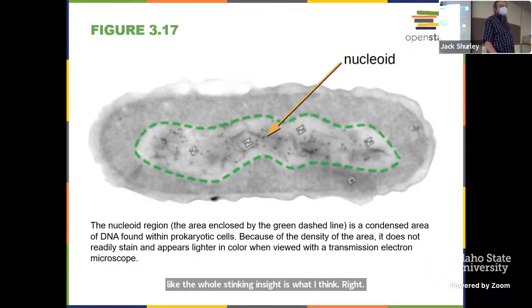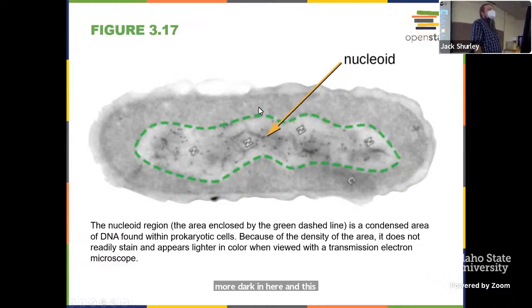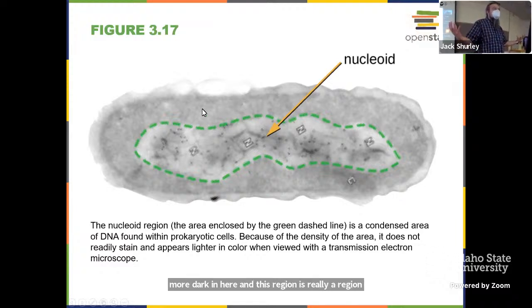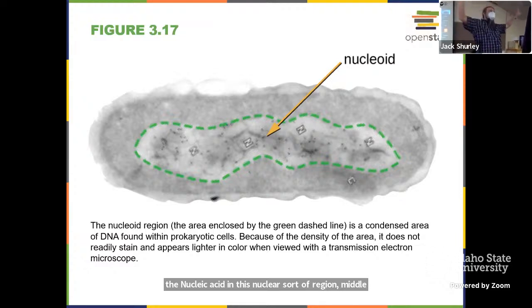It's not exactly, all right? There's definitely more bits out in this periphery, if you will, that looks a little more grainy, right? A little more dark in here. And this region is really a region that's basically full of ribosomes. And so we've got all of the nucleic acid in this nucleoid region, the middle bit, and then the fuzzy bit on the outside is full of a bunch of ribosomes.